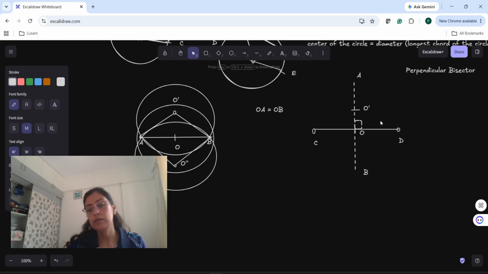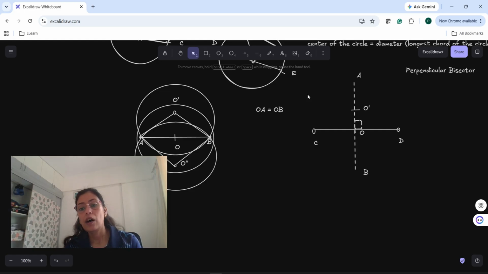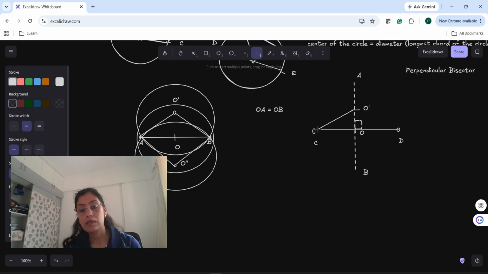Now this O dash will be at an equal distance from C and D. OC will be equal to OD. How do I say that OC will be equal to OD?